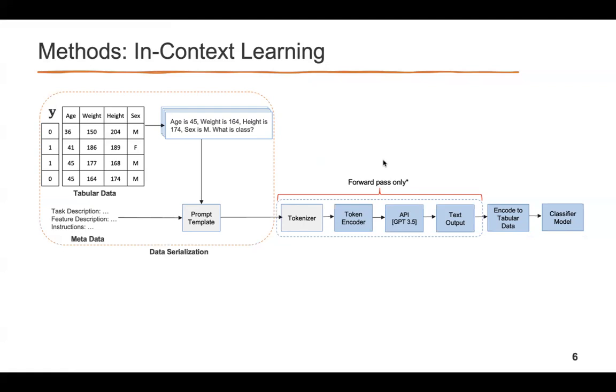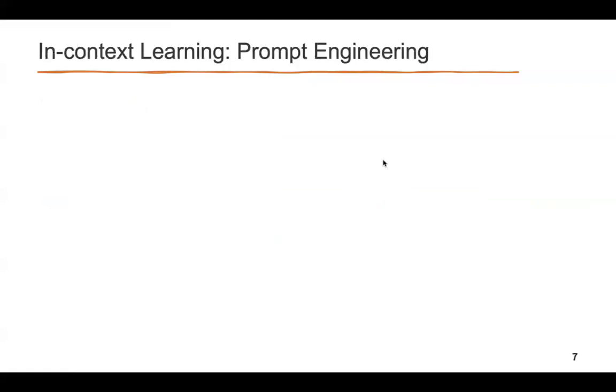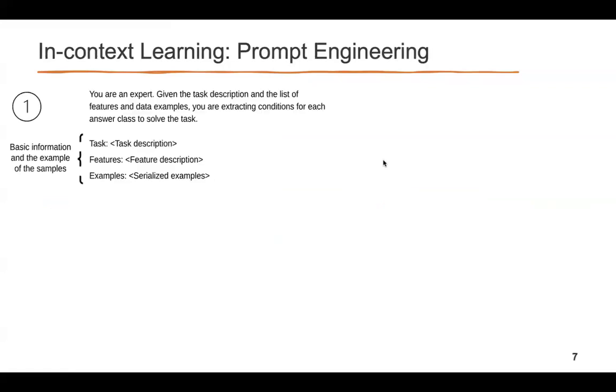Before we dive into the experimental detail of the tokenizer and token encoding process, let's see how we need to design the prompt. Here is an example. First, we need to provide basic information and the example of the samples with the task description, feature description, and serialized examples.